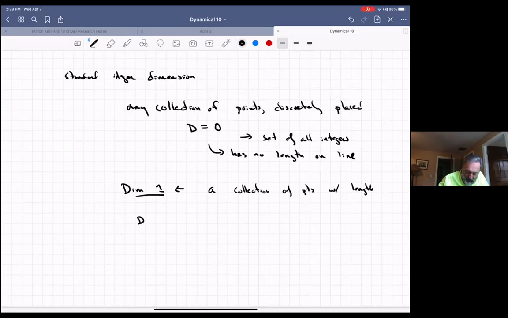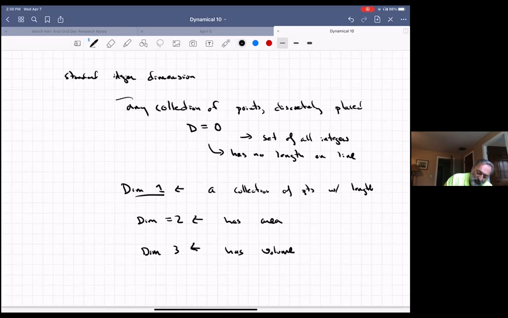A dimension of two are points that have area, and a dimension of three, of course, has volume. Does it depend how you arrange the points? Yes, that's what gives you your dimension, right? Right. Okay.